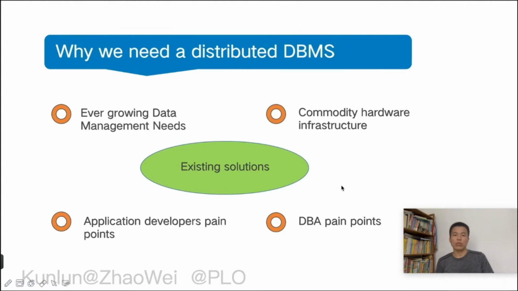So why do we need a distributed DBMS? First, we have ever-growing data management needs. At the same time, in today's data centers, most data centers use commodity hardware infrastructure. Existing data management solutions have a series of drawbacks and disadvantages, which are causing a lot of pains to application developers and DBAs.